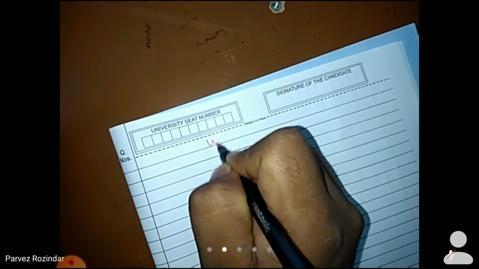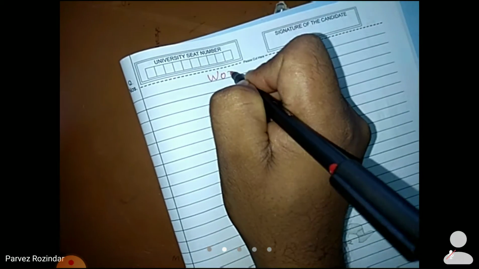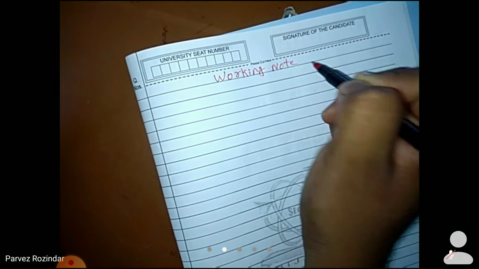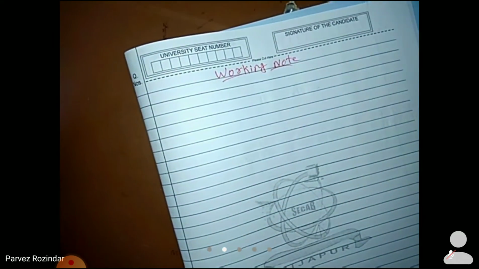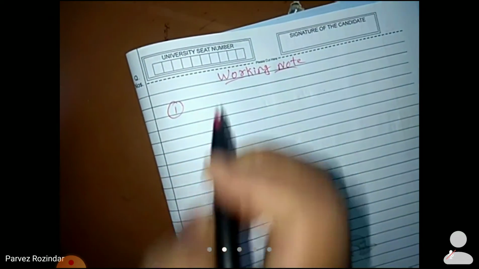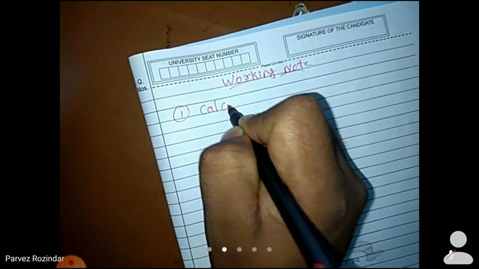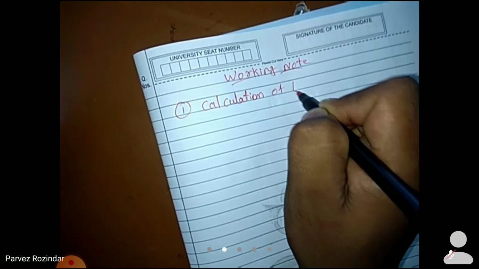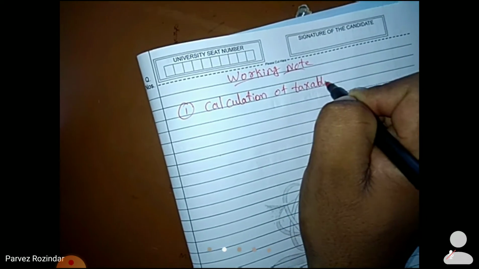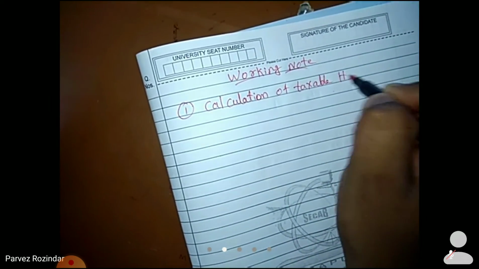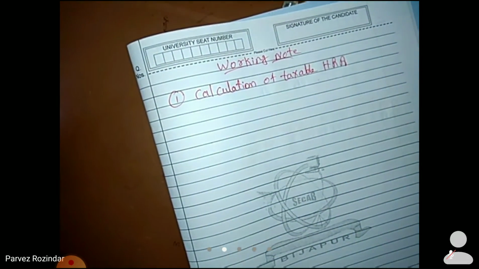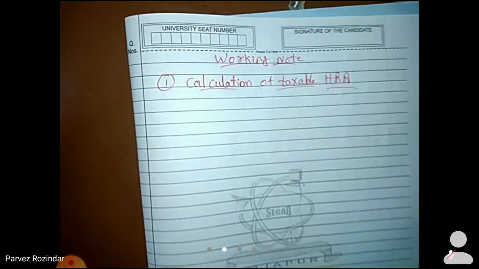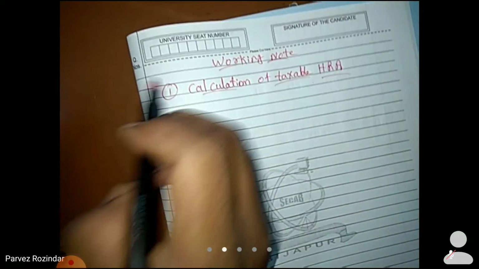We will write here working note number 1, calculation of taxable HRA. Okay, so what is the rule for this?